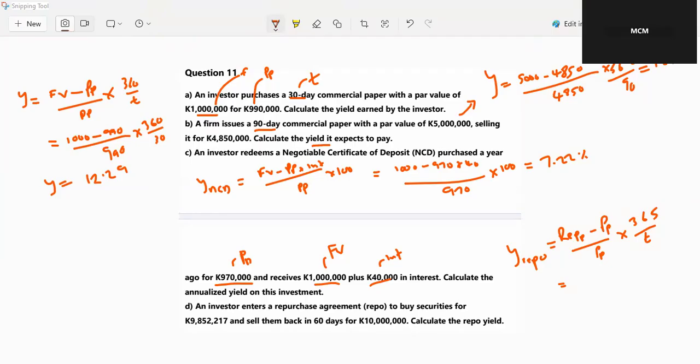So 10 million minus 9,852,217 over 9,852,217 times 365 over the time, which is what? 60.